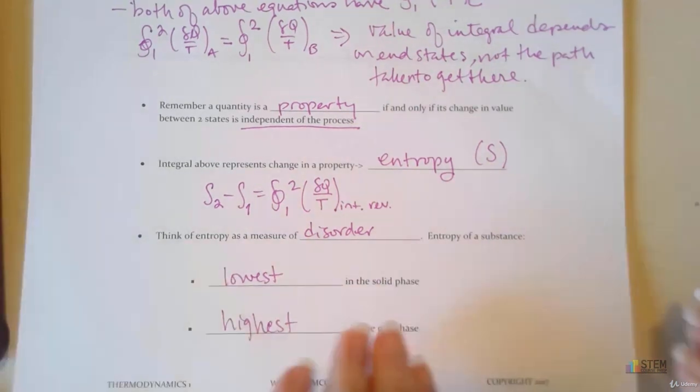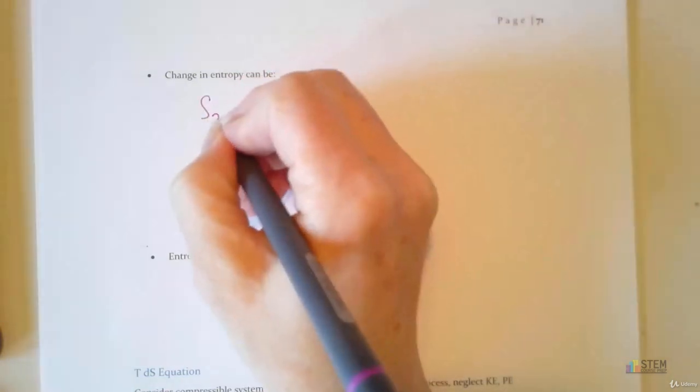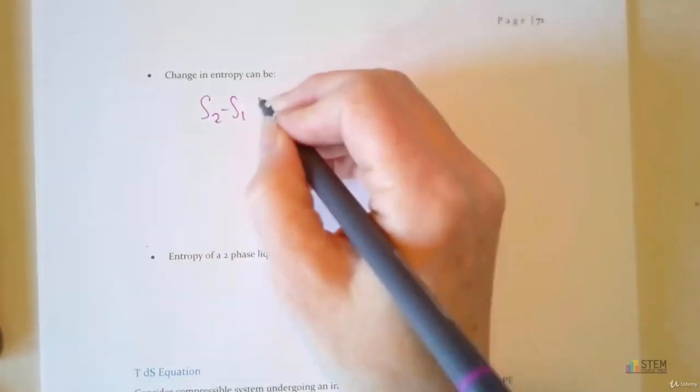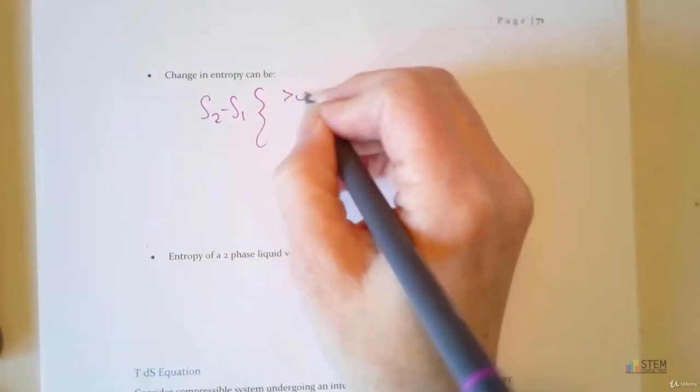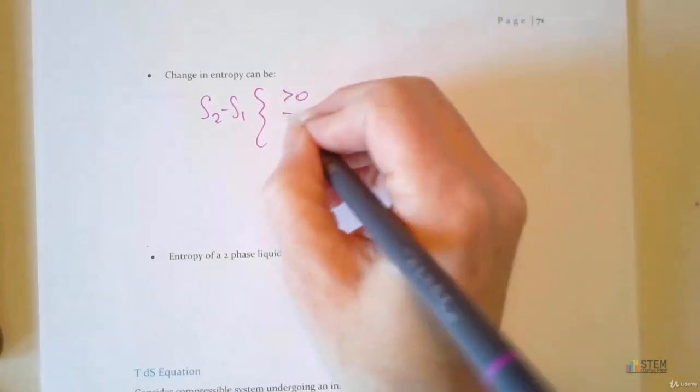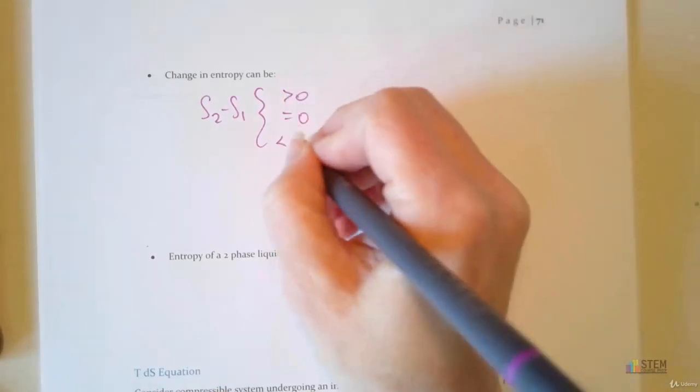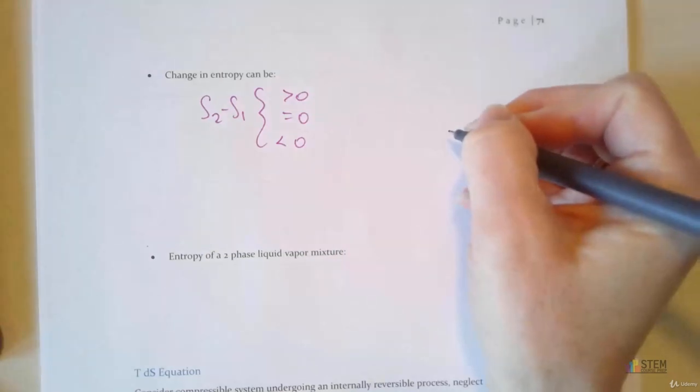Now, keeping that in mind, let's go to the next page. So our change in entropy can be, let's write down what possible values are. We can have it be greater than 0, it can equal 0, or it can be less than 0.